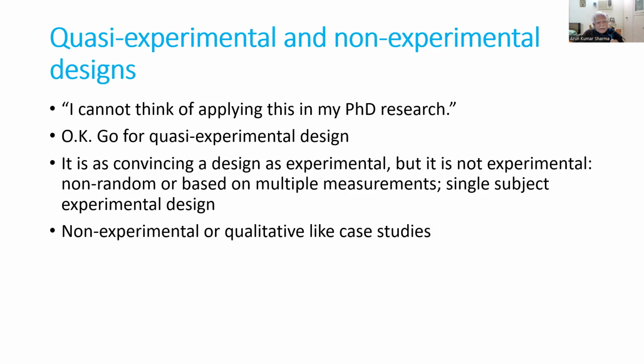Okay, then I will go for a quasi-experimental design. It is as convincing a design as experimental, but it is not experimental. It is a non-random design or based on multiple measurements. Single subject experimental designs are also possible, and they are called quasi experiment.